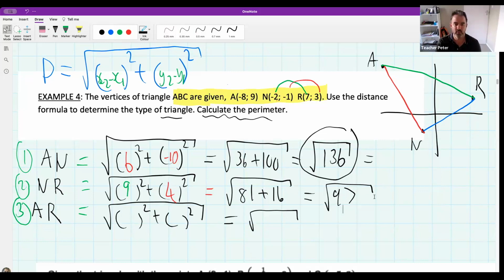So I want everyone to do the third one, and then I want everyone to tell me what type of triangle this is. You can do it.